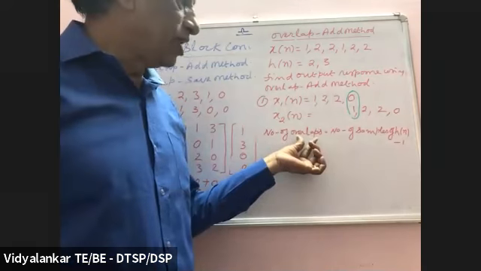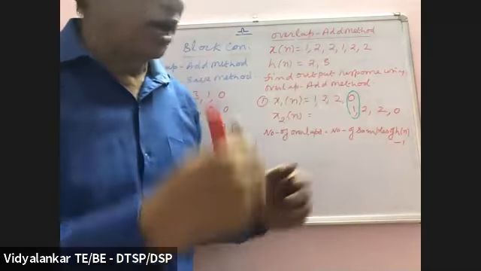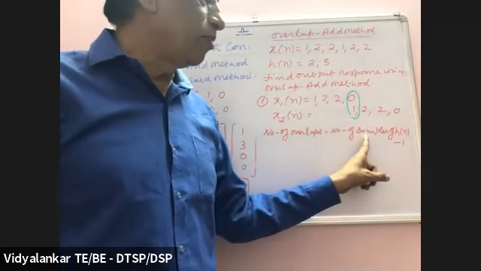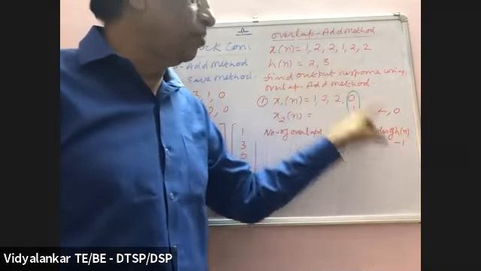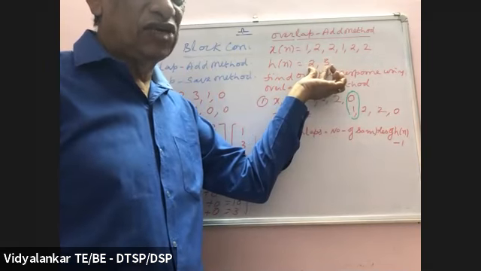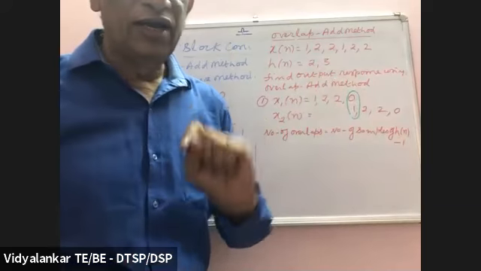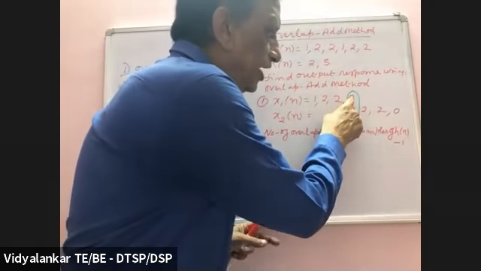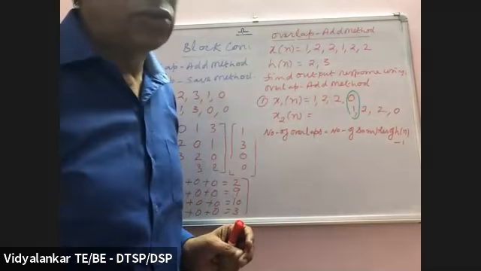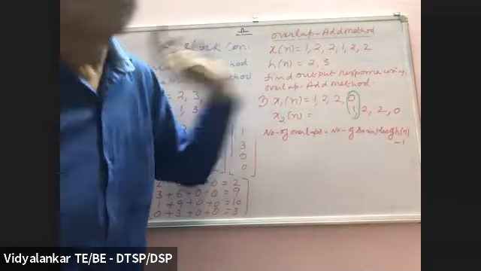The number of overlaps required is between x1 and x2 that we have to overlap. The formula is number of samples given in h of n minus 1. Here 2 samples are given in h of n, so the number of overlaps becomes 2 minus 1, which is 1. That means if you add 1 zero in x1 and 1 zero in x2, between x1 and x2 you have 1 overlap. This is the 1 overlap.